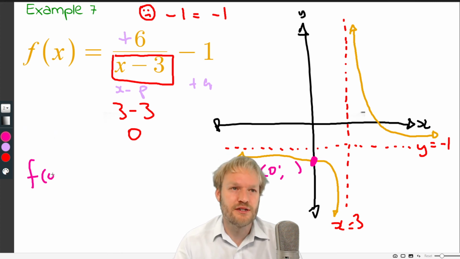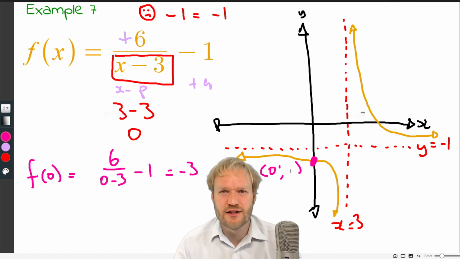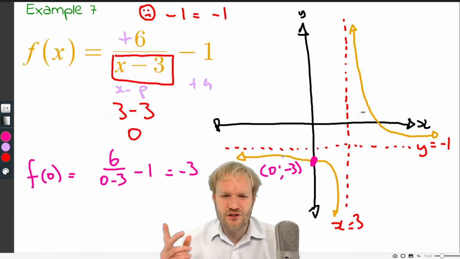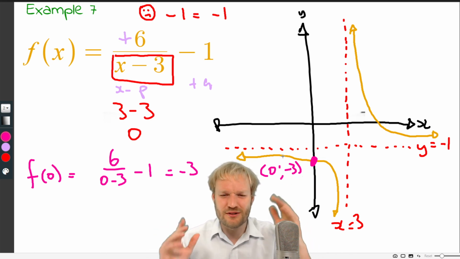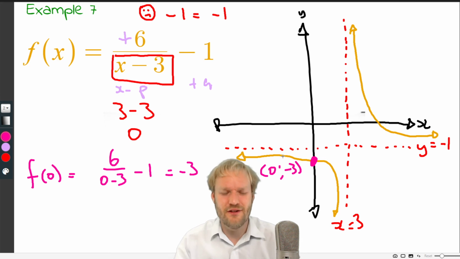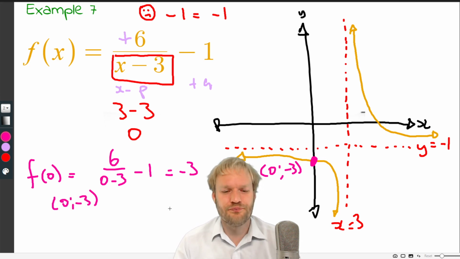Well, we're going to input 0. f of 0 equals 6 over 0 minus 3, minus 1. 6 over minus 3 is minus 2, minus 1 is minus 3. It's a negative, so it matches at least. And I say that just, imagine, over here you got some answer and y was positive 7. You'd be like, that doesn't match because the positive numbers are up there. Okay, so what we worked out here is that 0, minus 3.